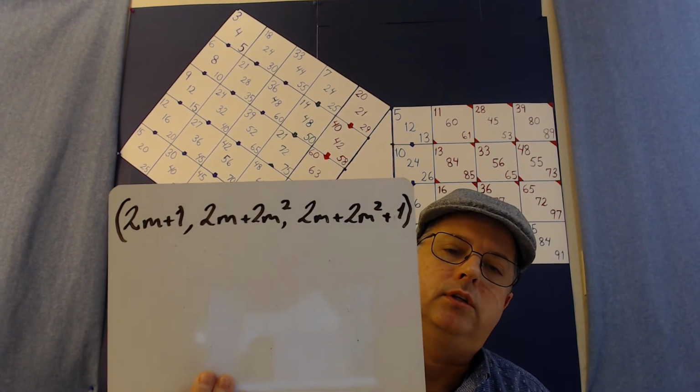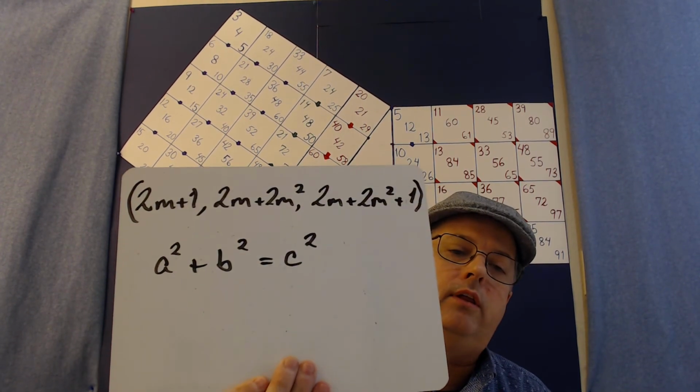And then the only thing we want to do in the next video is show that when we take the 2m plus 1 and the 2m plus 2m squared and the 2m squared plus 2m plus 1, when we take that series of expressions and we substitute them into the Pythagorean theorem here.